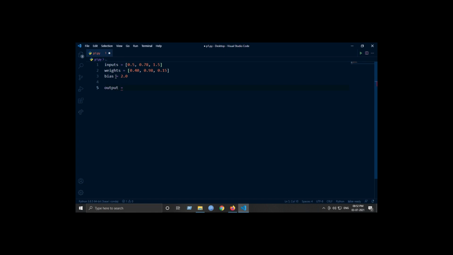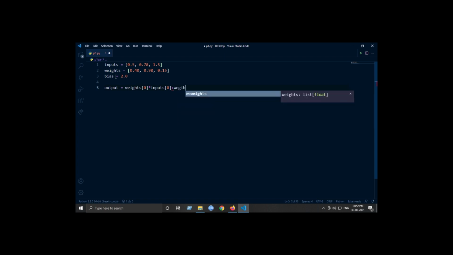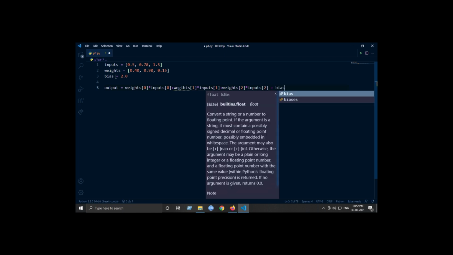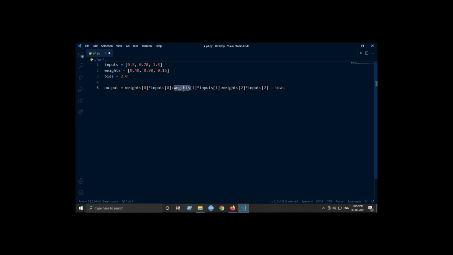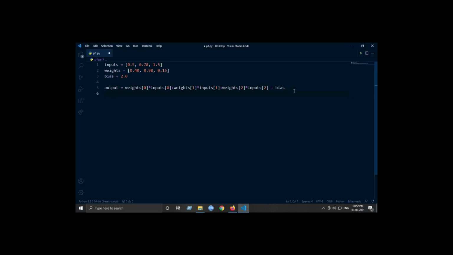Output will be weights of 0 into inputs of 0 plus weights of 1 into inputs of 1 plus weights of 2 into inputs of 2 plus bias. So this is our output of one single neuron, this z. Now we can print output.